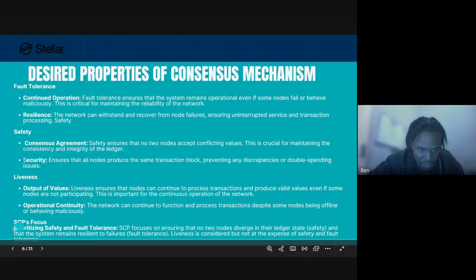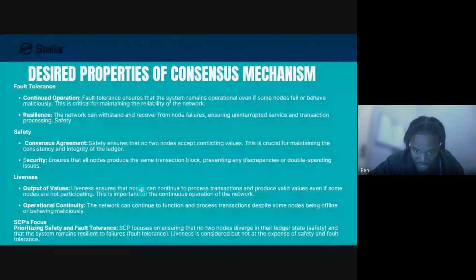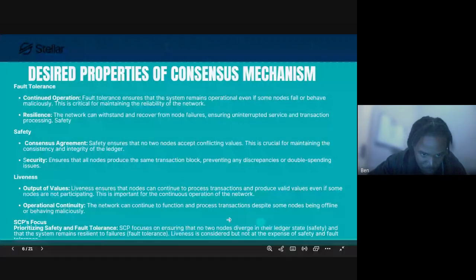Stellar Consensus Protocol focus: it prioritizes safety and fault tolerance. It focuses on ensuring that no two nodes diverge in the ledger state and that the system remains resilient to failures. So the fault tolerance.